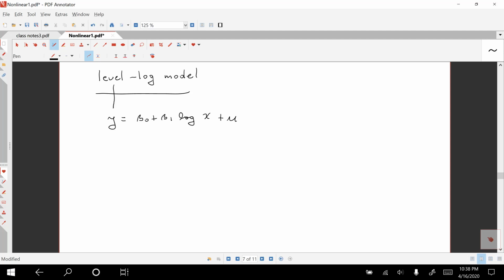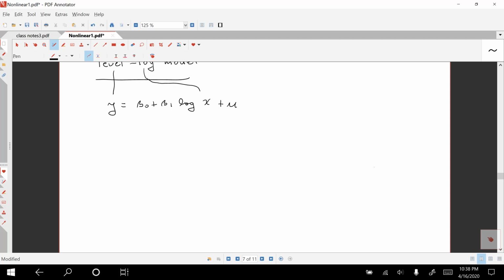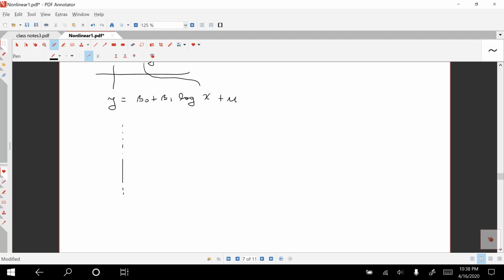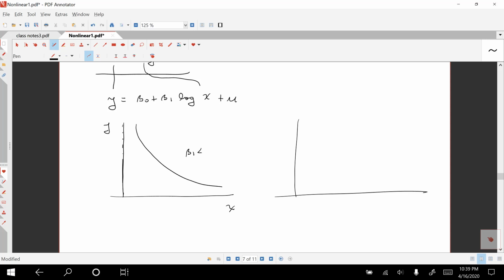Of course, y is just not logged, and it's called level log because we have the log of the explanatory variable. In terms of the shapes, we have this shape when beta 1 is less than 0, and the other type of relationship that we can estimate is a relationship that is increasing but at a decreasing rate when beta 1 is larger than 0.